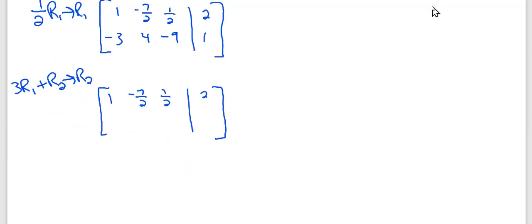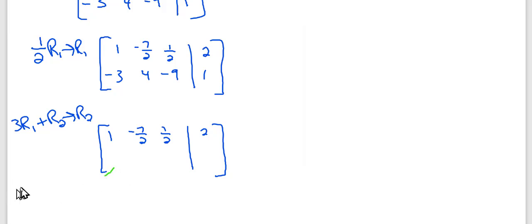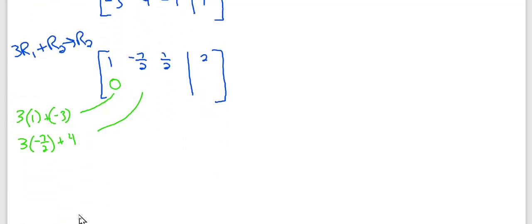I'm going to write these steps out just so everybody's clear because of the fractions I'm dealing with. 3 times row 1 is 1 plus negative 3. That gives me 0. This one is going to be 3 times row 1, negative 7/2, plus row 2, which is 4. That's going to be negative 21/2 plus 8/2, negative 13/2.